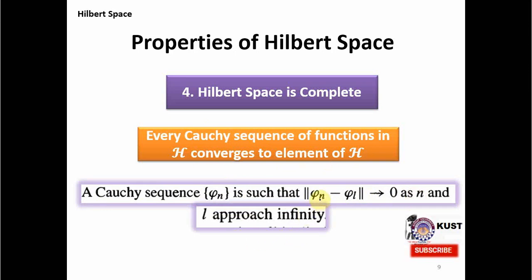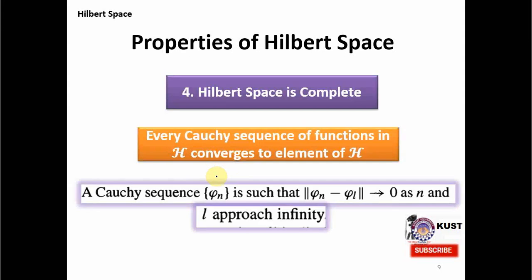These two indices n and l are the same kind of thing, just different notations. If n and l go to infinity and the difference goes to 0, asymptotically, if you increase n and l but their difference goes to 0, we say that this Cauchy sequence is there and our Hilbert space is complete and it converges.